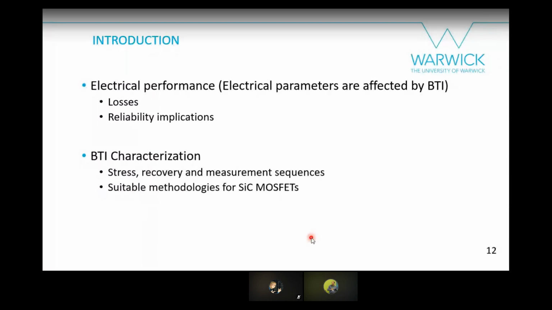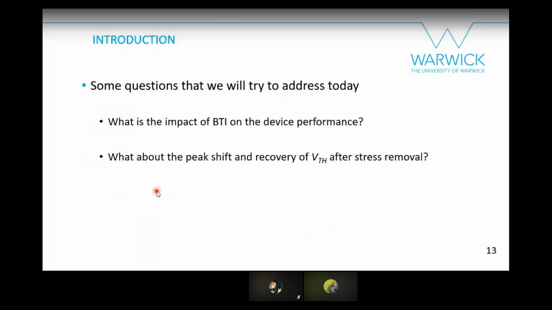It's important to say that this can affect the electrical performance. So the electrical parameters are affected by BTI, so losses, reliability implications. And it's also important to say that this has to be properly characterized. You have to define stress and recovery sequences, proper measurement sequences, and then you have to define suitable methodologies for silicon carbide MOSFETs.